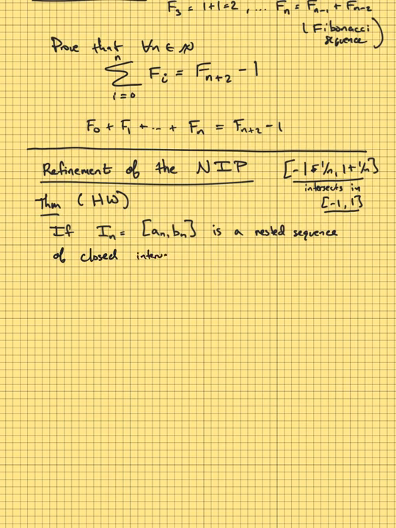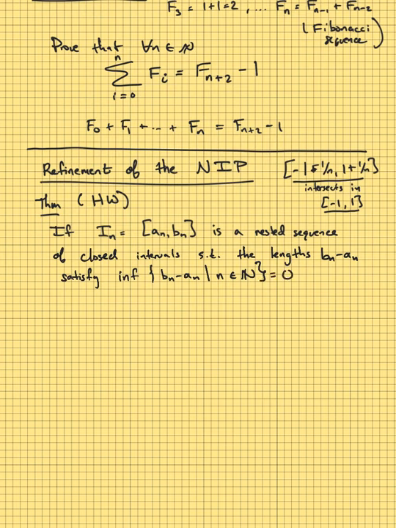We haven't talked about limits yet, but it suffices to show that the lengths B n minus A n satisfy the infimum of the set of lengths is 0.